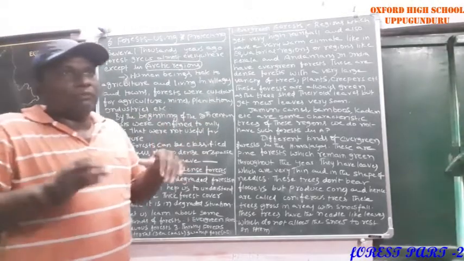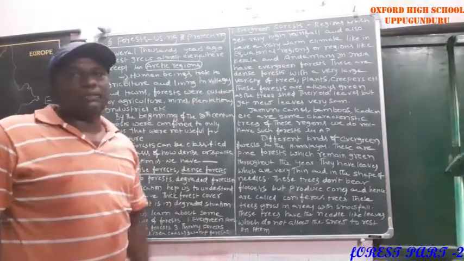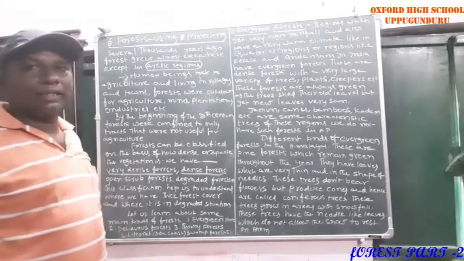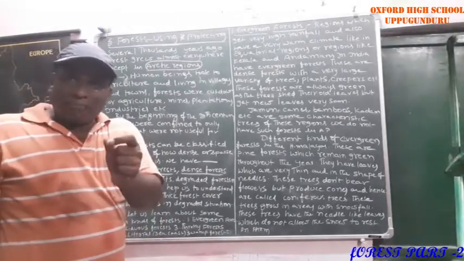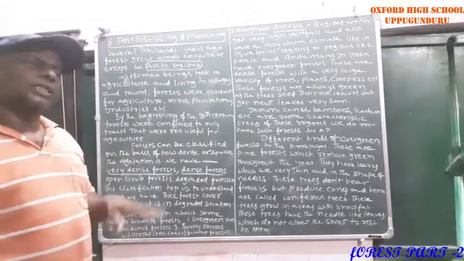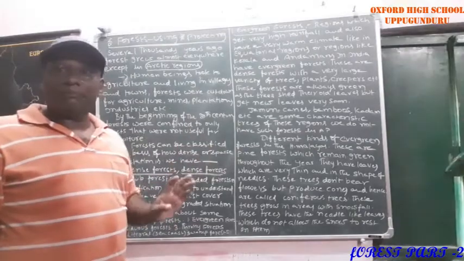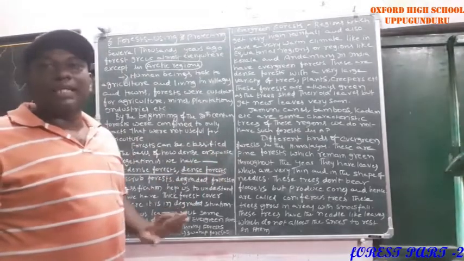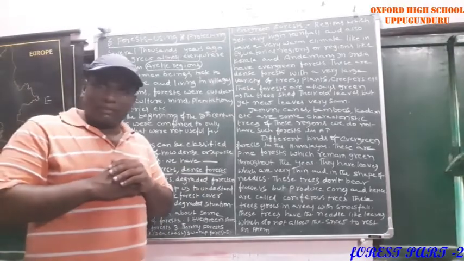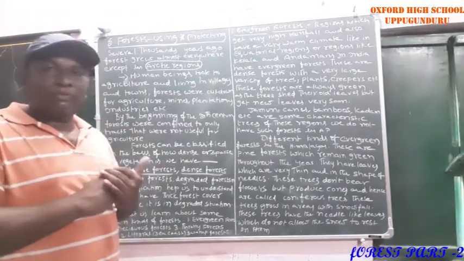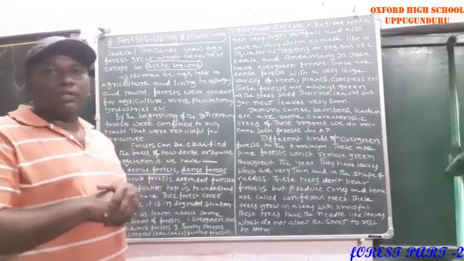Where can we see these evergreen forests, sir? I will explain that. If I ask you what the main features of equatorial regions are, we know that high temperatures are recorded, and at the same time high rainfall also falls in the equatorial regions.